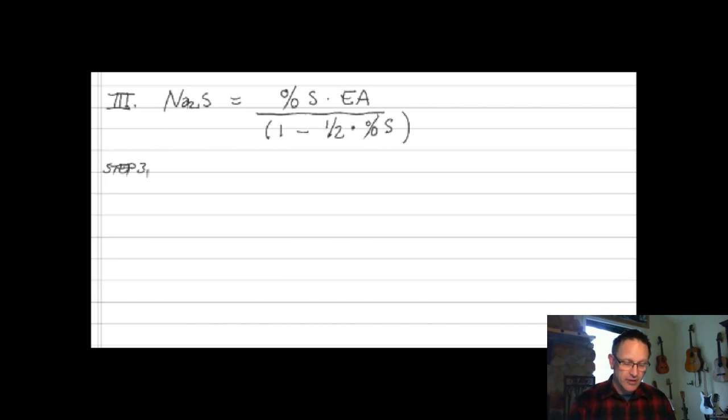Step 3. Na2S equals, and recall that our percent sulfidity is 25%, so it's 0.25, times our calculated effective alkali of 75 grams per liter.